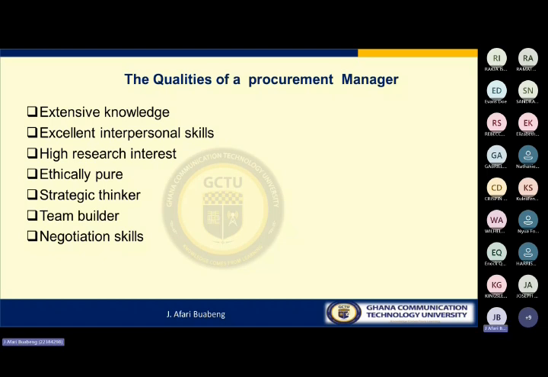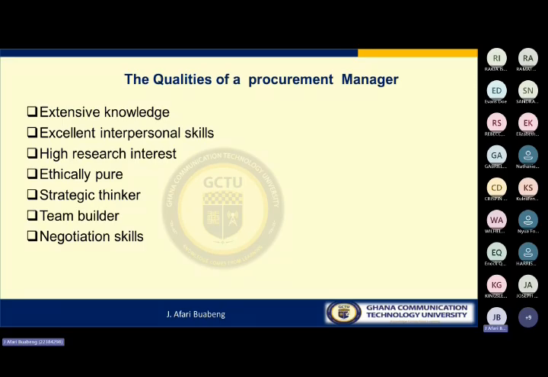Sometimes you go onto the market, you evaluate, assess market trends to know prices of goods and services, to know the available products on the market, among others. So research interest is very critical in the procurement profession.